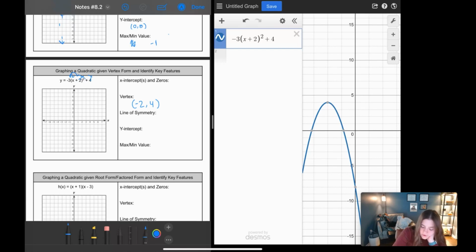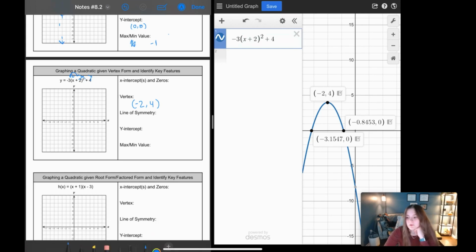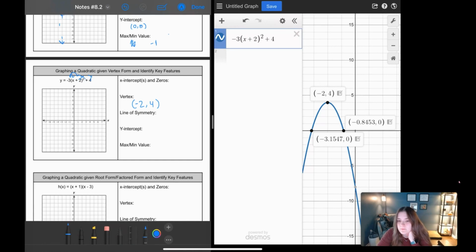Well, it's -2. And now you are going to use Desmos to mark everything else. Now, on this, as you can see, I did not get an exact whole number, but you are going to round to the nearest whole number, okay?